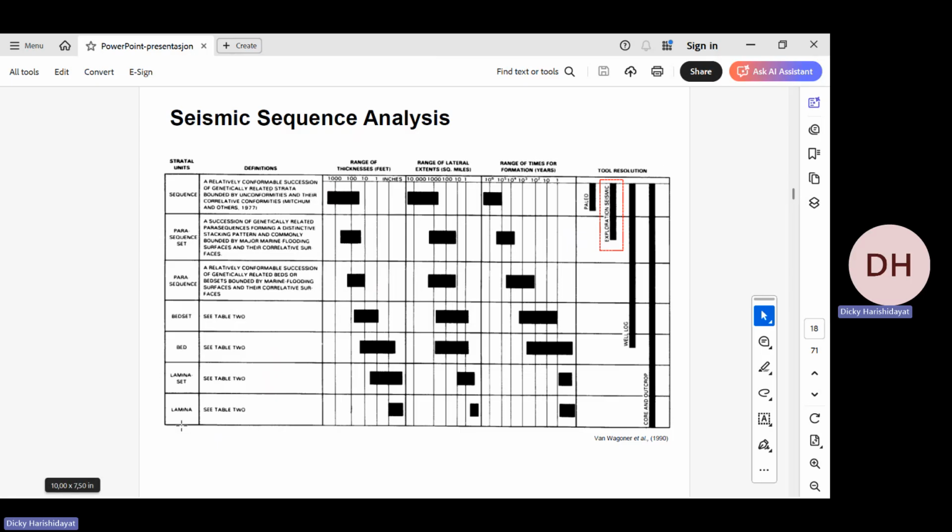As you know, in the stratal unit, we have lamina set, bed set, until the sequence. So basically, what we can achieve from the seismic reflection data is mostly the parasequence set and the sequence. If you want to go to the details, then we need to use log data.